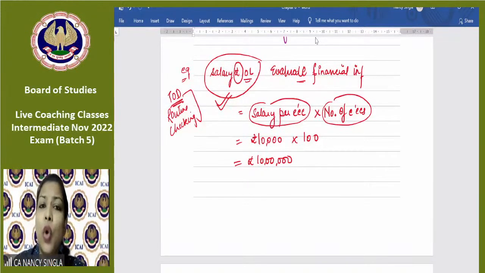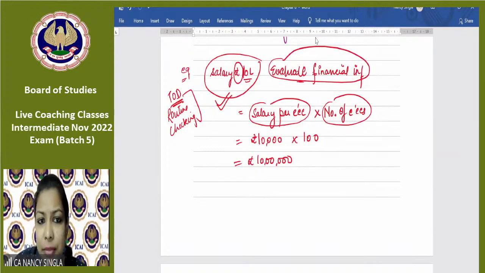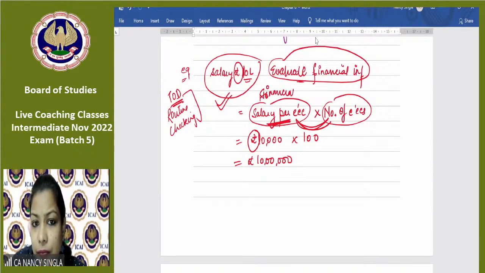Okay? So what the auditor is doing here, he is evaluating the financial information. What is the financial information in our case? Salary of rupees 10 lakh, which has been reflected in the P&L. How? He's studying the relationship between salary per employee, which is in rupees, so I can say it is again a financial data, and number of employees.